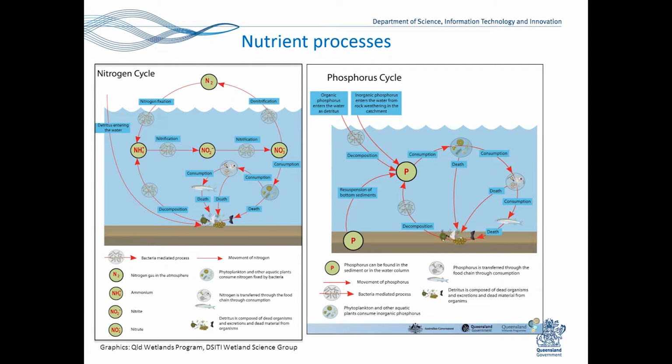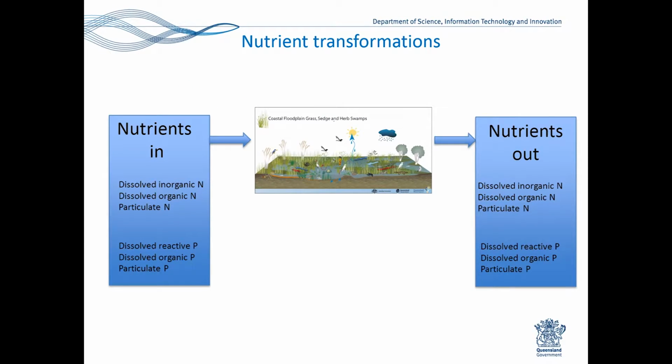If we have a look at those two systems, we can see that in terms of the wetlands, the very important one that we need to be having a much closer look at is the fate of this particulate nitrogen. Particulate nitrogen is just measured in our water quality network as the total Kjeldahl nitrogen in the dirty water with the sediment in it, and you subtract from that the dissolved inorganic nitrogen, and that gives you the particulate nitrogen.